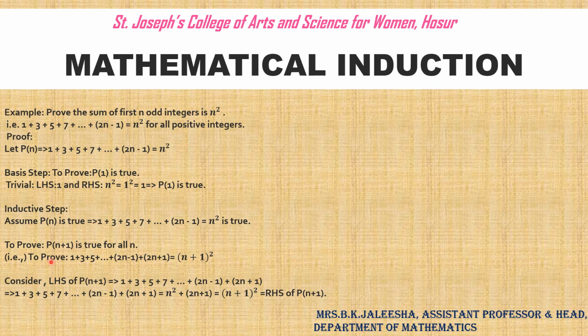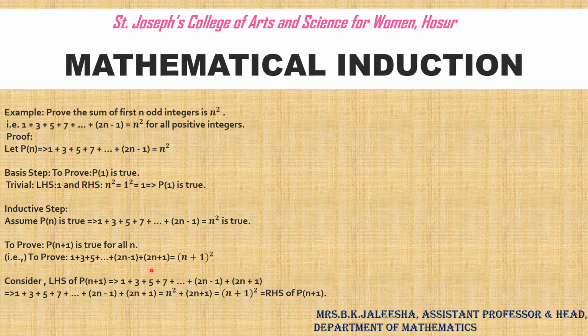Now we need to prove P of n plus 1 is true for all n. Let's take the n plus 1 terms. 1 plus 3 plus 5 up to the nth term, 2n minus 1. What about the next term? We cannot consider 2n because it is an even number; here we are considering only the odd term sum. So the n plus 1th term is 2n plus 1.